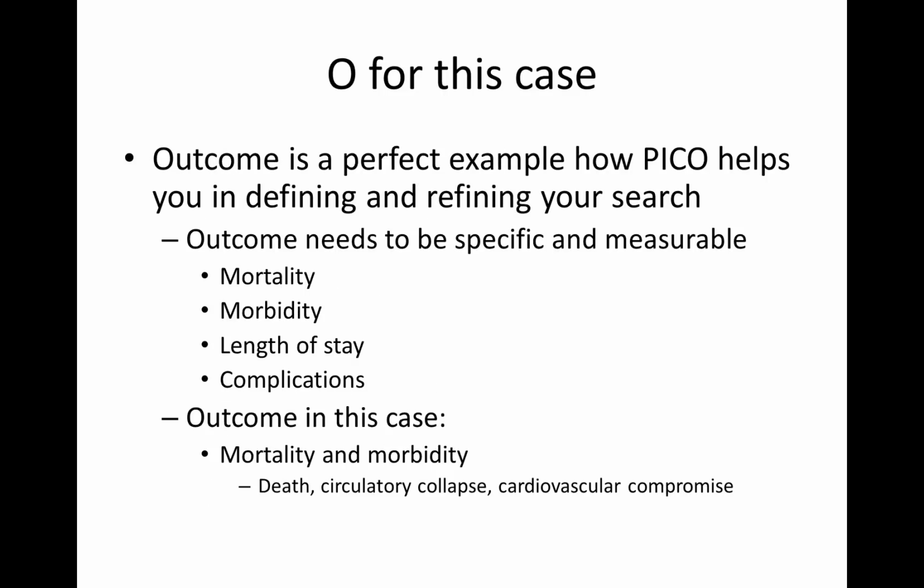Outcome. Now, outcome often has issues when people try to approach the O in PICO. The O in PICO cannot be subjective, generalized, or unmeasurable. So you cannot just have an outcome which you cannot quantify. How are you going to quantify the outcome? Mortality is self-explanatory, but morbidity, what kind of morbidity?